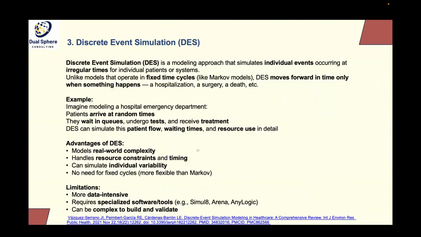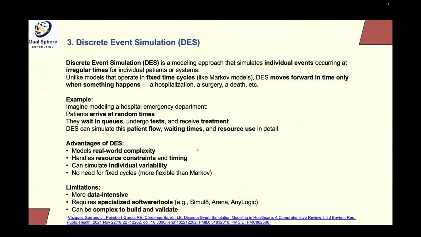The next type of analysis is discrete event simulation modeling. It is an approach that simulates individual events occurring at irregular times for individual patients. It is capable of simulating real life and is closer to reality, where events happen at irregular time intervals.